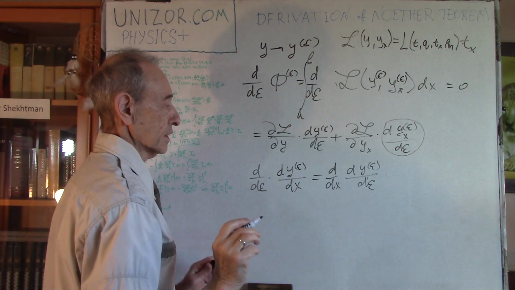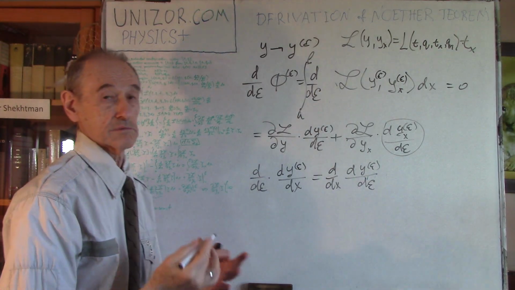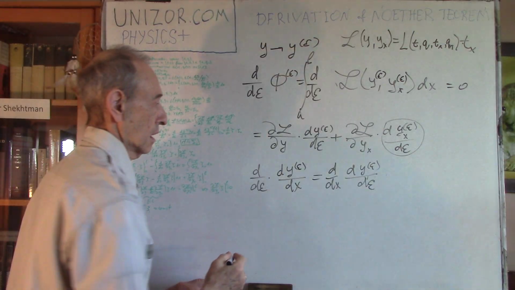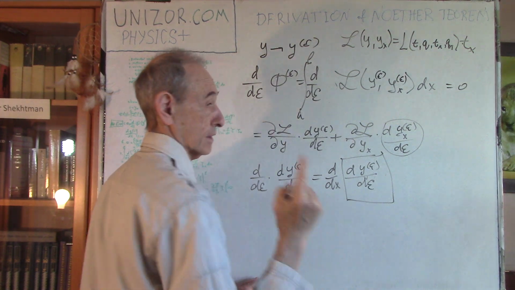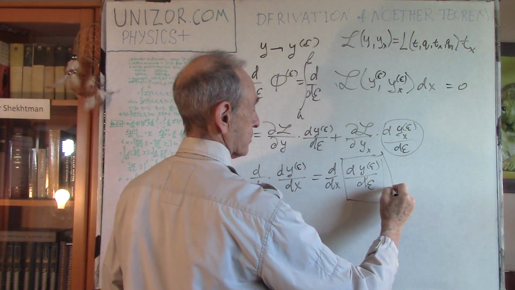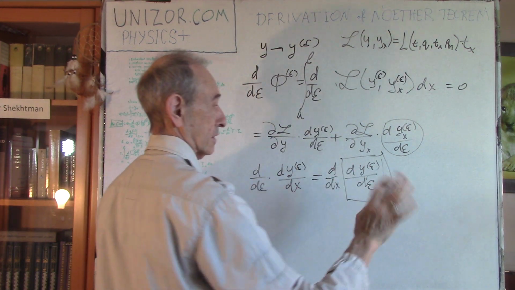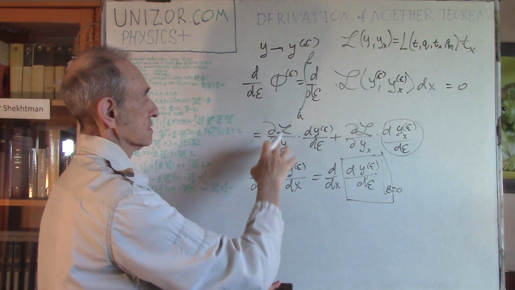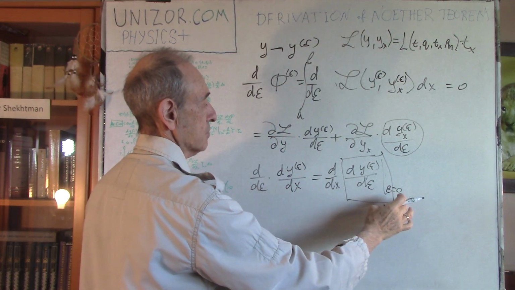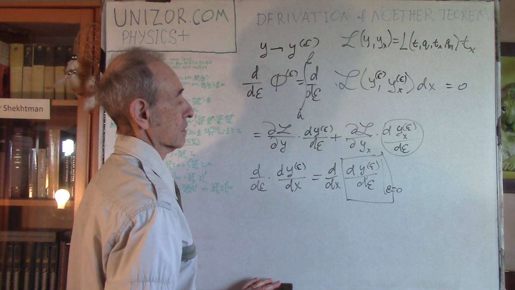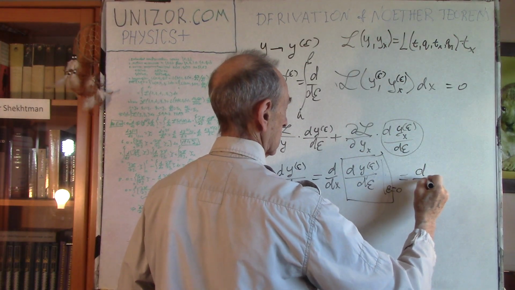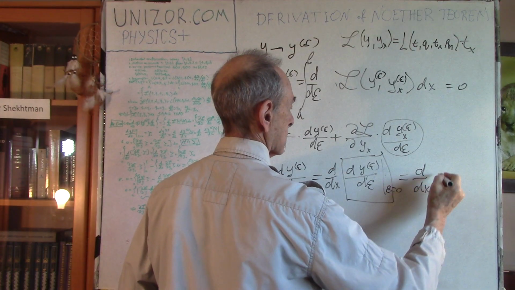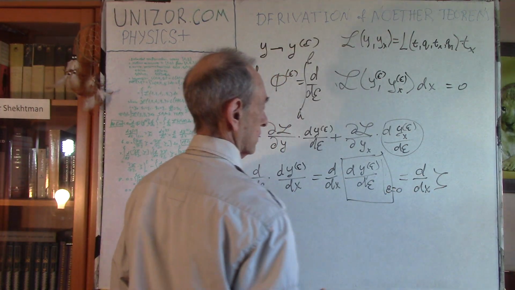And now I will introduce, again, just different symbolics for this thing. If you remember, I omit epsilon equal to 0. I assume that everywhere I have this differentiation by epsilon, I mean at the point epsilon equal to 0. So I will just introduce another variable for this. I will use zeta.